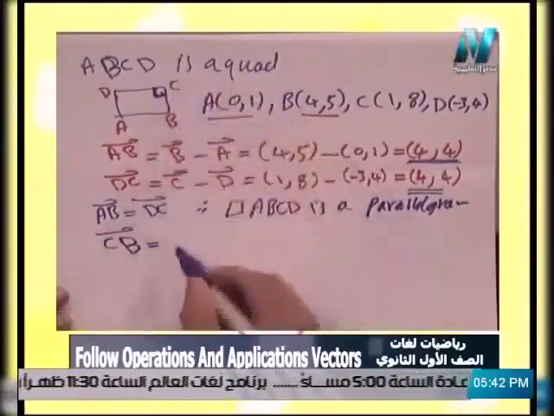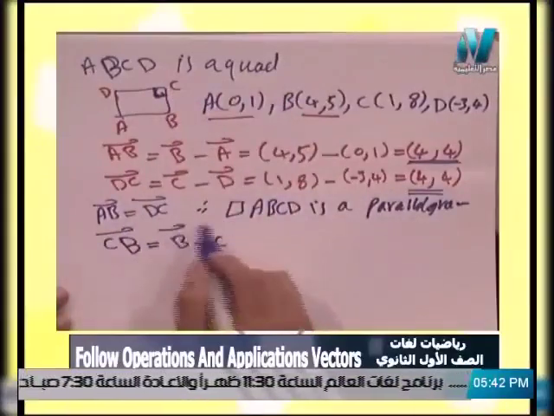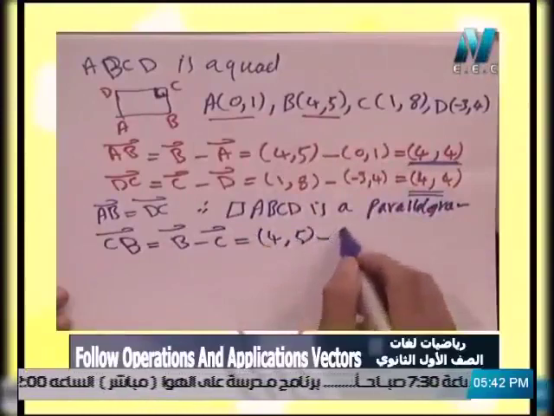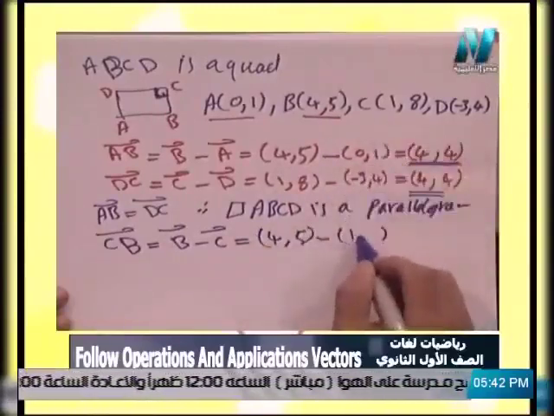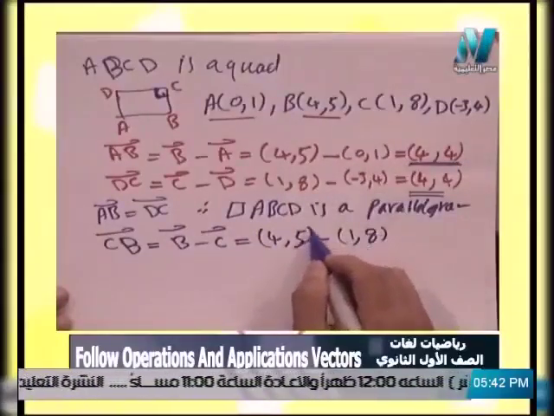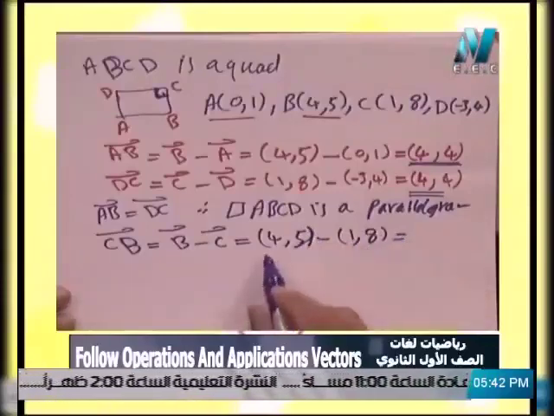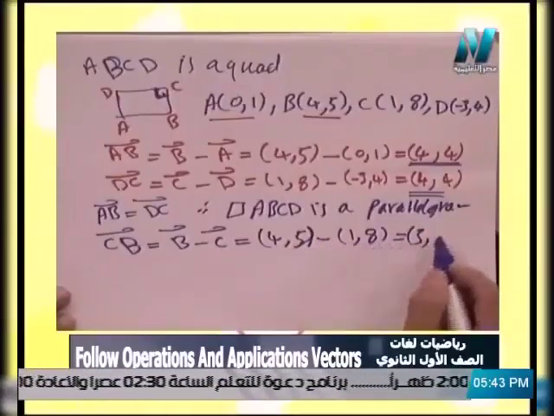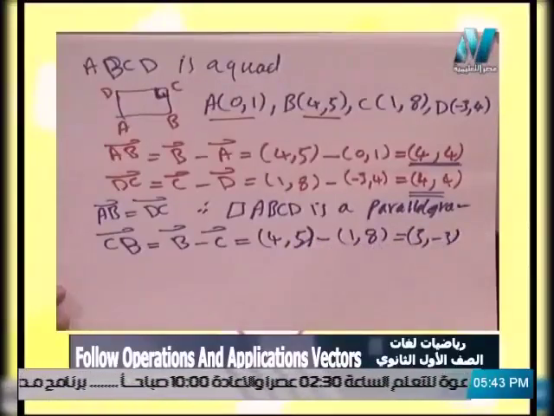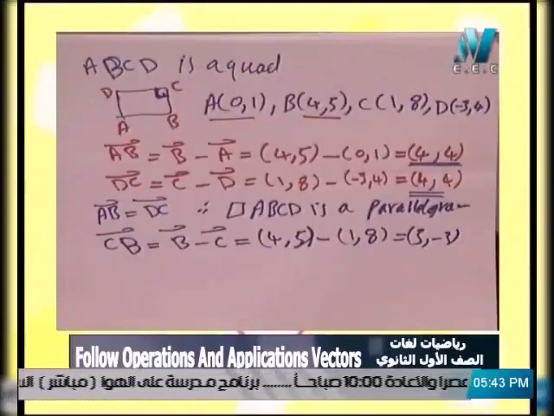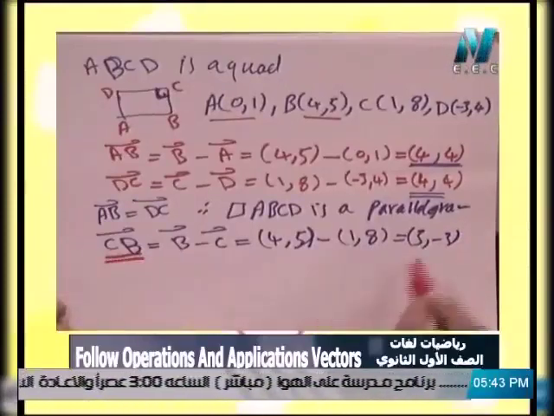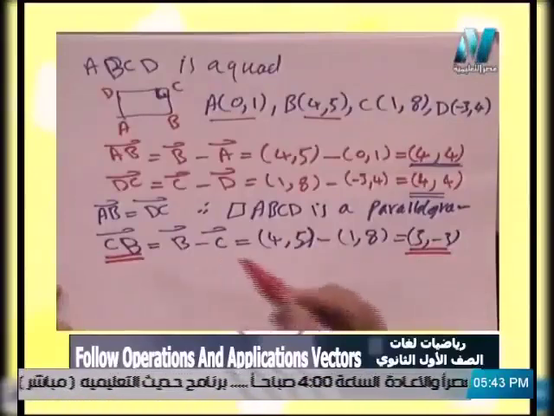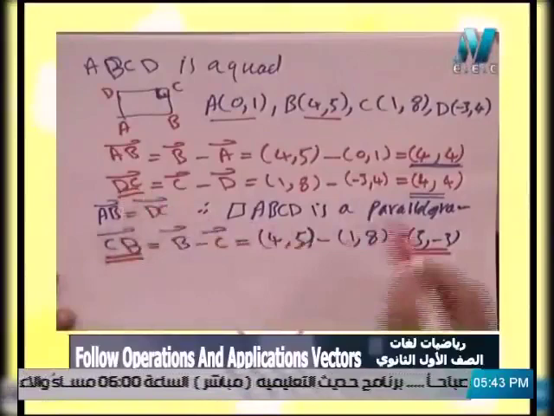The vector CB equals B minus C. B equals 4 and 5 minus C, which is 1 and 8. 4 minus 1 equals 3, and 5 minus 8 equals -3. Look carefully, my dear students, at the vector CB, 3 and -3, and the vector DC, which is 4 and 4.